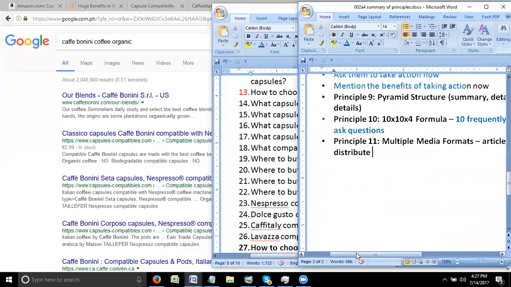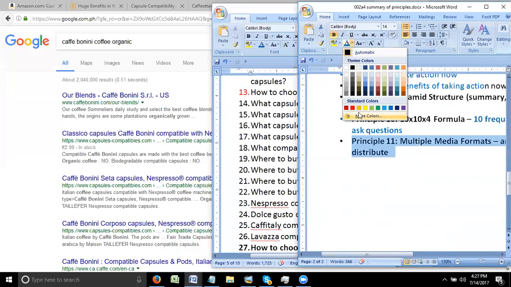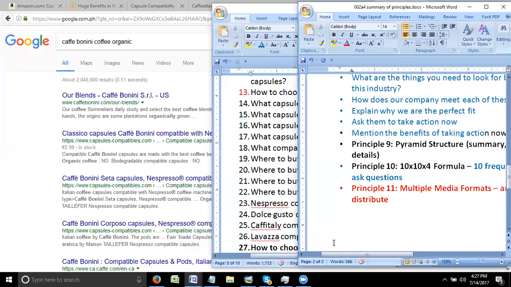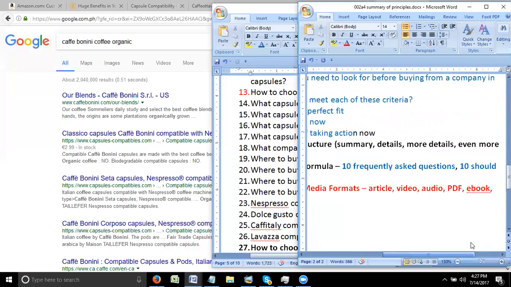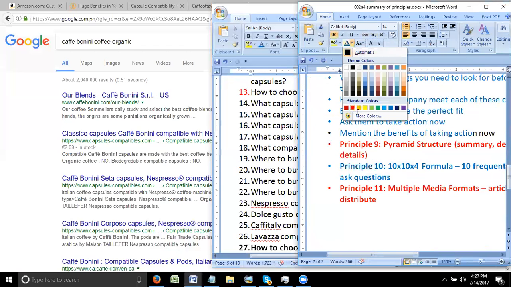And multiple media formats, I don't think we need to worry about this right now. So I'm just gonna color that red so we can go back to that later. And we are doing well with that 10 by 10 by 4, 10 frequently asked questions. We are making progress on that. The pyramid structure, this will come in when we are writing the articles.